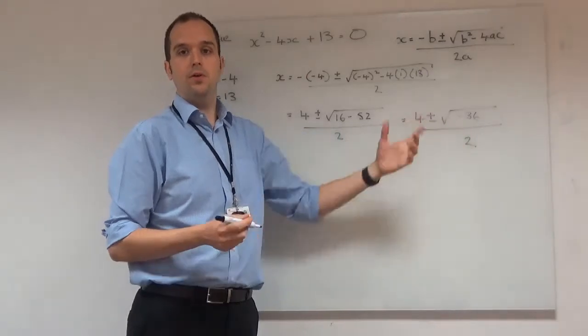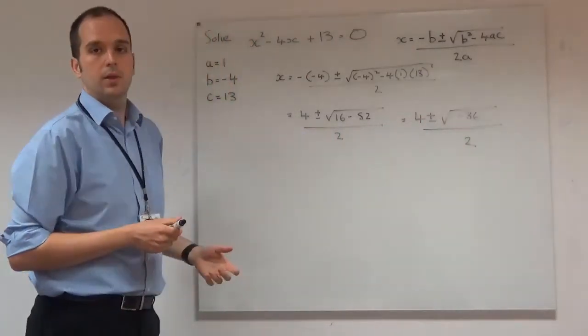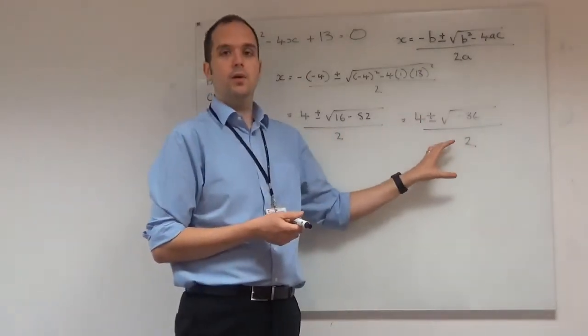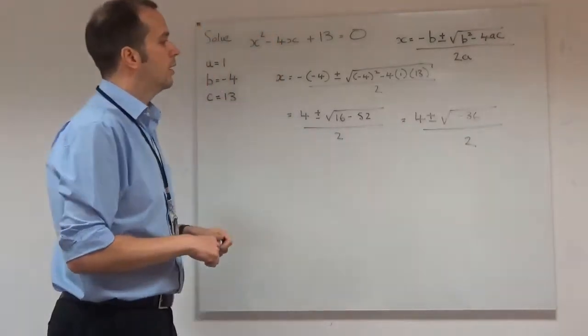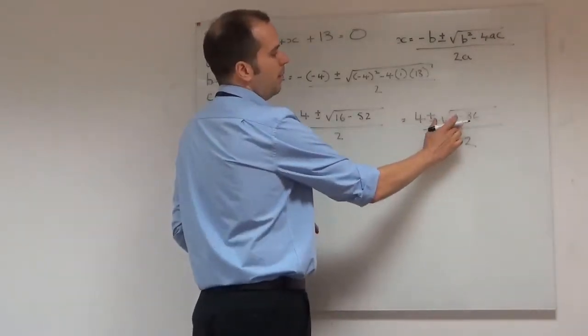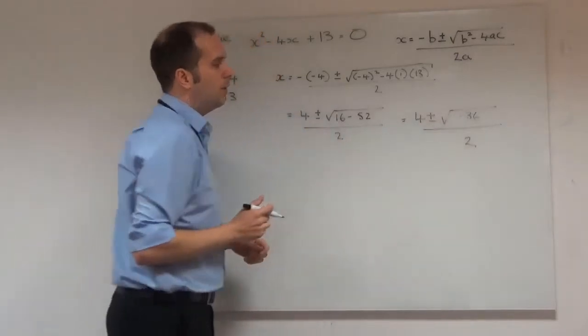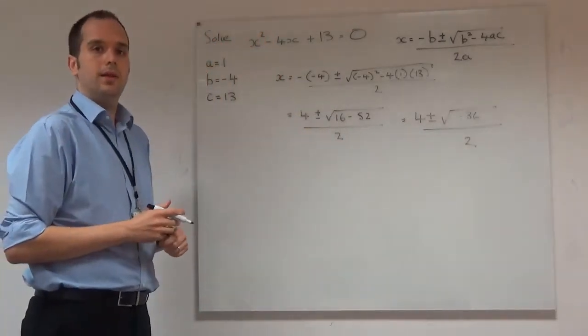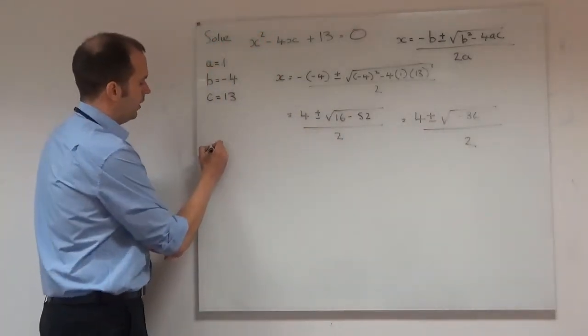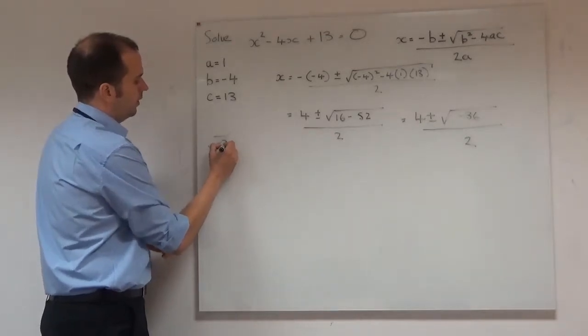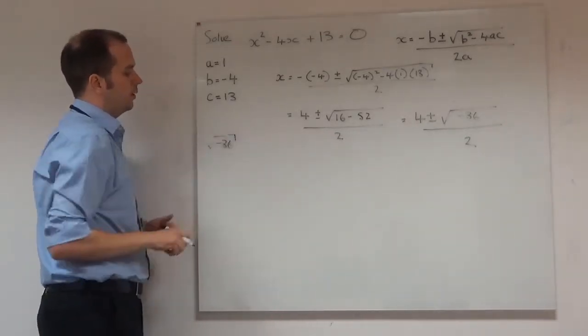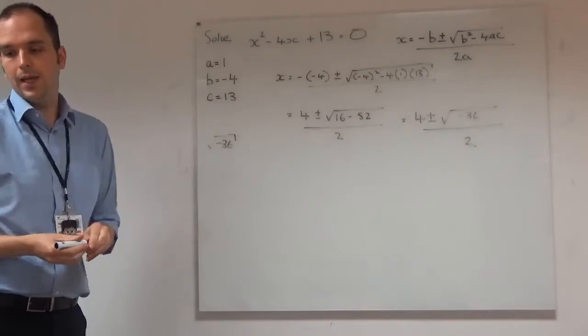Now, you probably recall from maybe when you did your GCSEs or A levels, when you get a negative number under your square root, you're told there's no real solutions. And there are indeed no real solutions to this equation. But if we think about complex numbers, what can we do with the square root of minus 36? Well, let's just consider it over here for a second. Square root of minus 36. Well, what can we do with that?